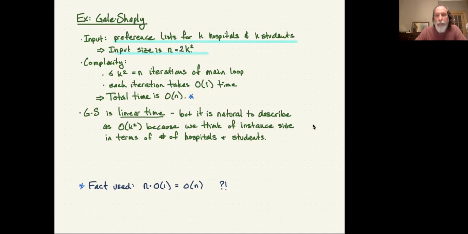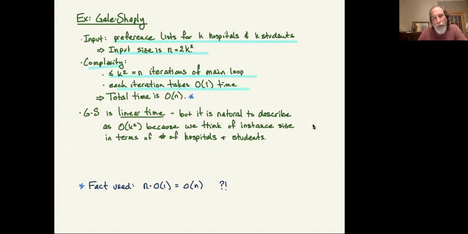Okay, so complexity analysis. Well, we have at most K squared, which is N, iterations of the main loop. And each iteration of the main loop takes big O of one time.